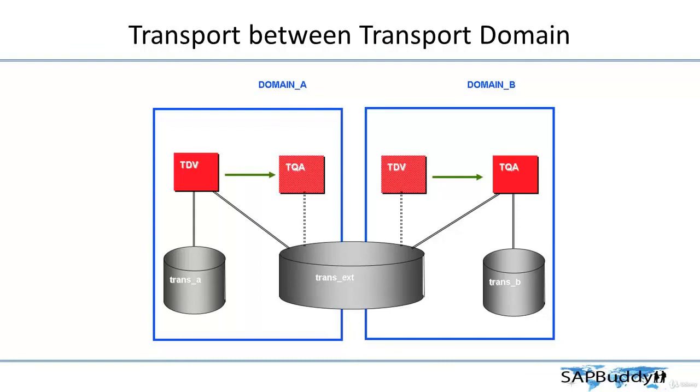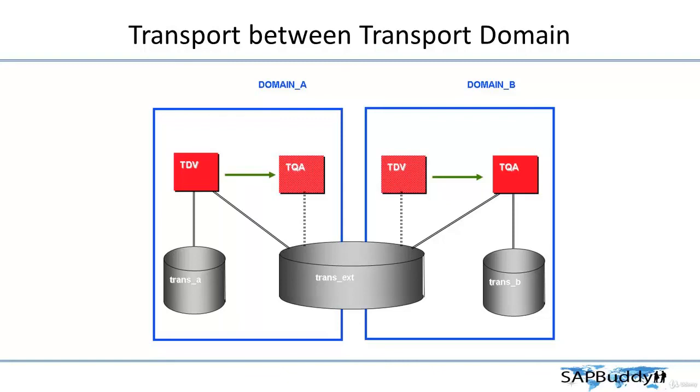And in order to transfer the TRs from one domain to another domain, you need to have a transport directory which is common for both the domains, which can be accessed by both domain controllers.